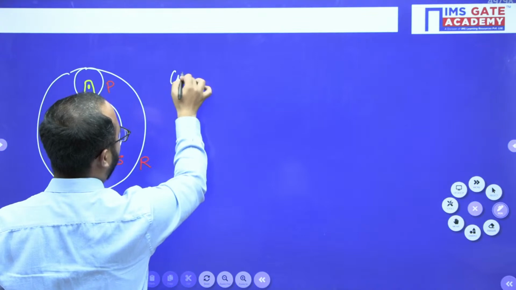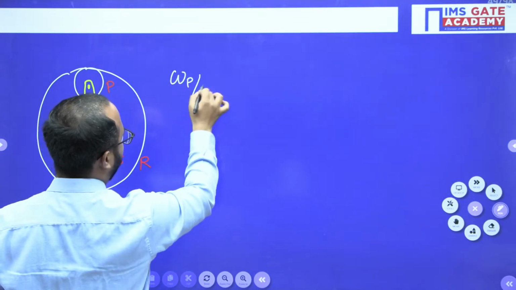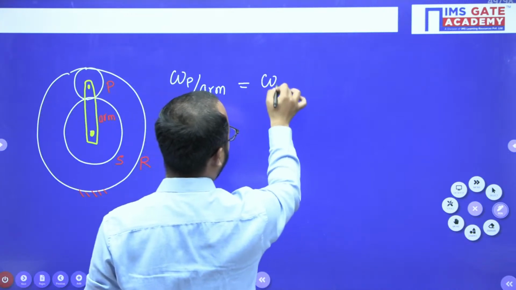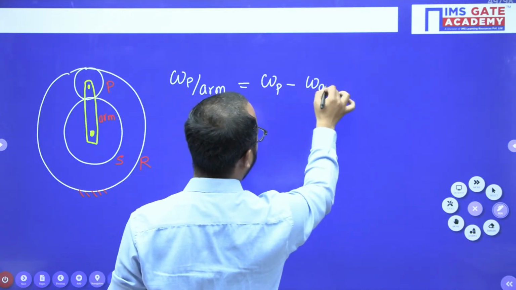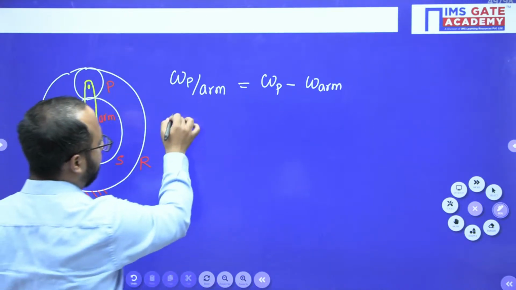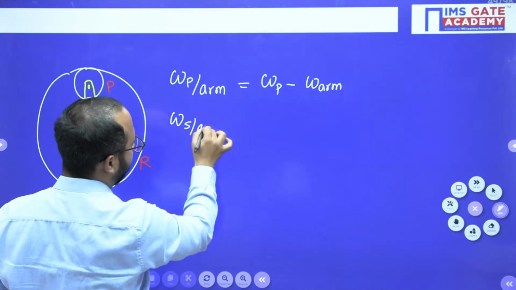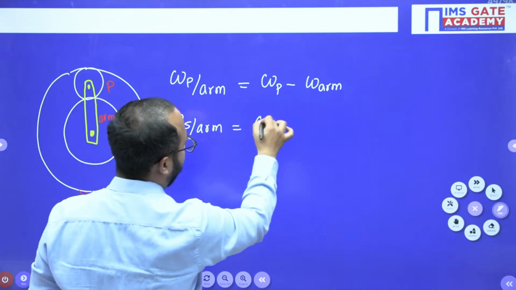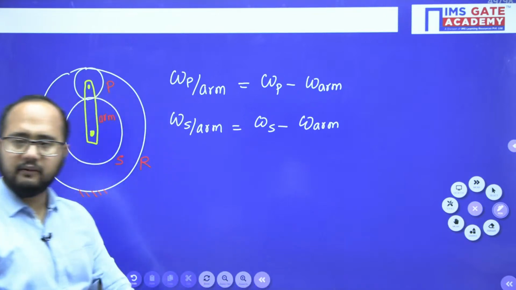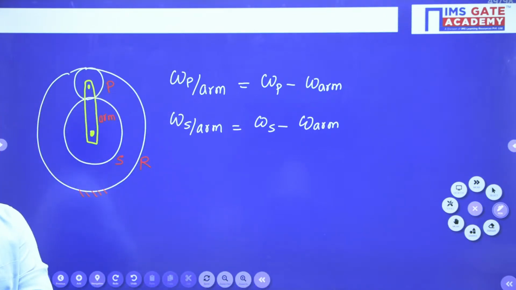So omega of planet gear with respect to arm I will take. What will it be? It will be nothing but omega p minus omega arm. Like that I can write. Even I can write omega of sun gear with respect to arm. It will be omega sun minus omega arm. Right? Clear everyone? Is this point clear?